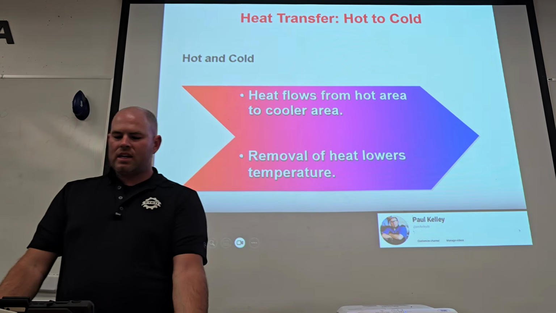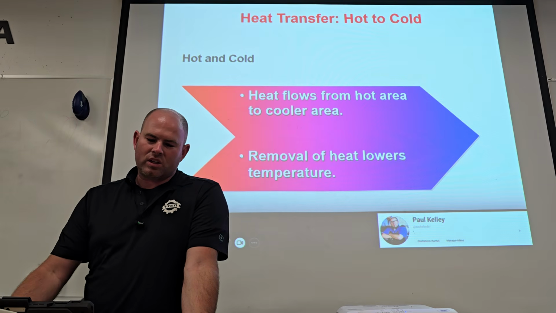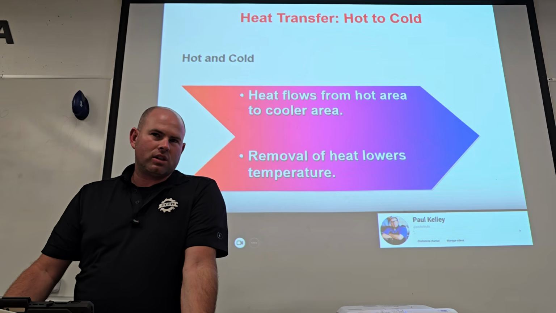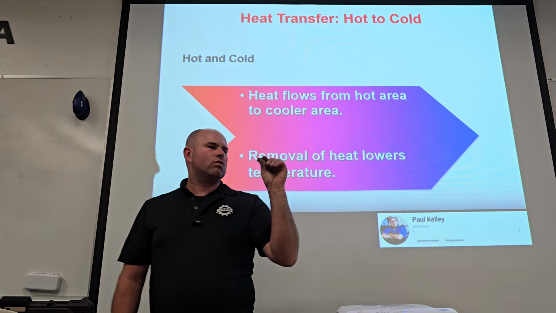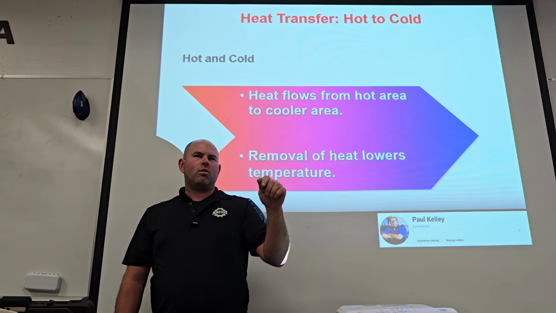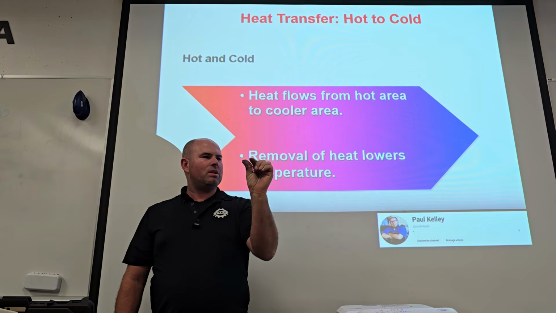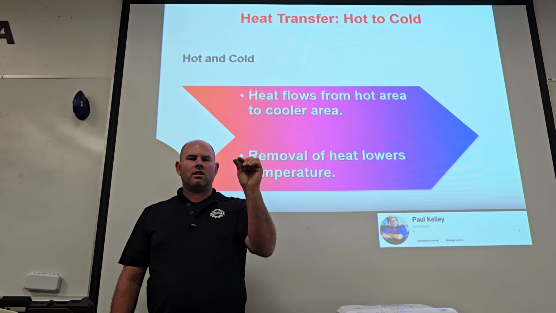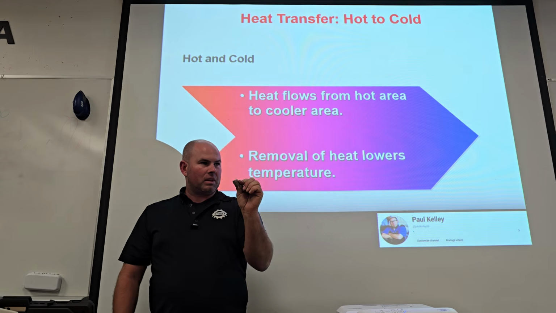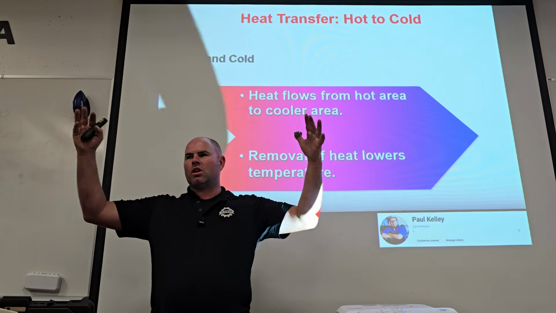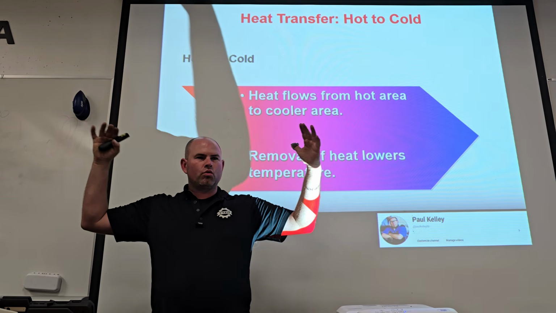Now when we talk about heat, we'll get in a little bit more detail, but heat is basically energy, right? You could have a tiny little thing that's really, really hot, and we can measure it in degrees. You could have a tiny piece of metal that's 600 degrees, and that's intense. It's 600 degrees of intensity, but that doesn't have as much heat energy as just a warm, big old room like this.